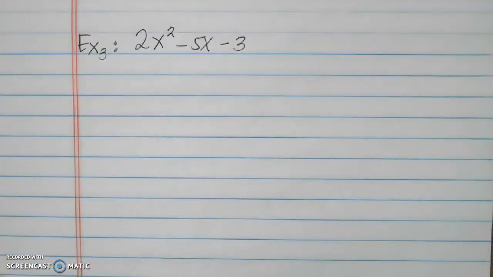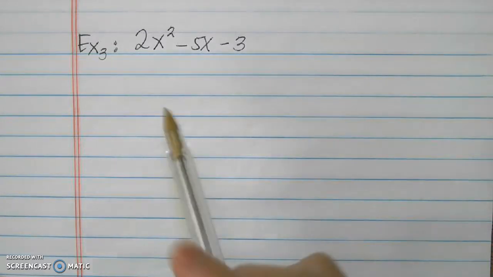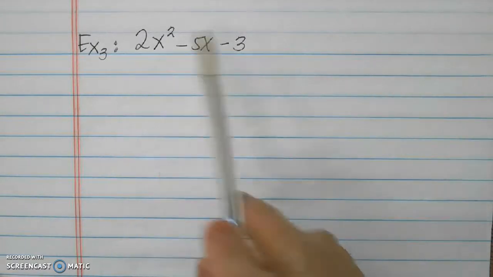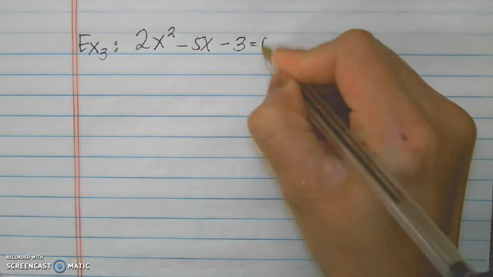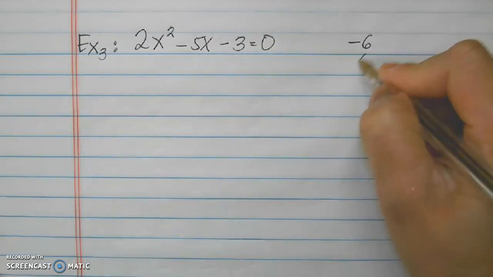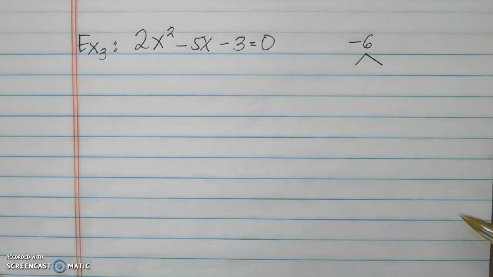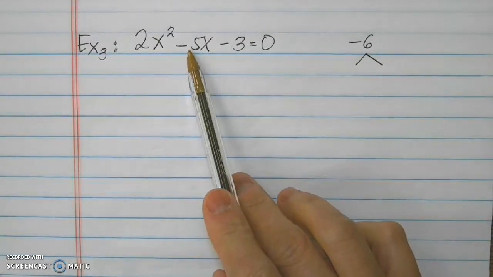Alright, so example number 3 is 2x squared minus 5x minus 3. So once again, step 1, 2 times negative 3 is negative 6. We're going to think of the factors of negative 6 that when added will become negative 5.